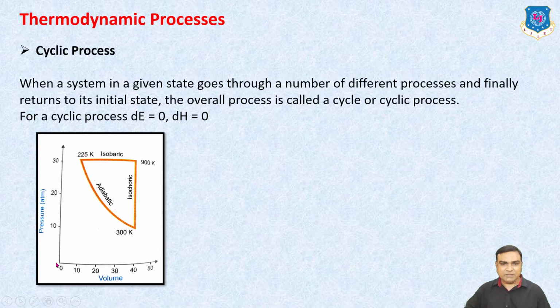This is a graph of pressure versus volume in which the process starts from here. First this process is isobaric, this is isochoric and this is adiabatic. So this is one cycle in which there are three processes, but the start and end are the same, so it is known as a cyclic process.